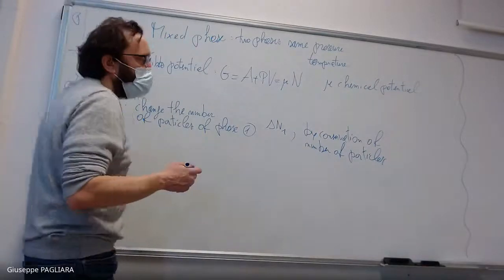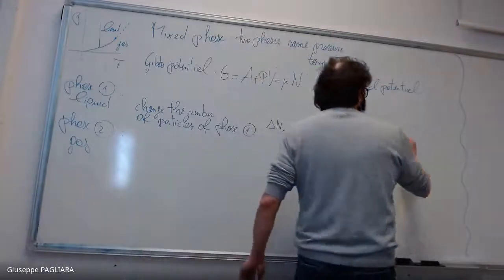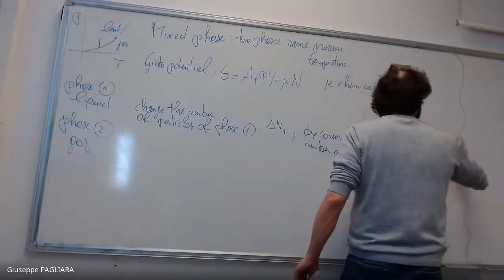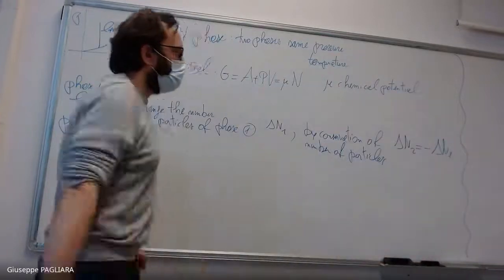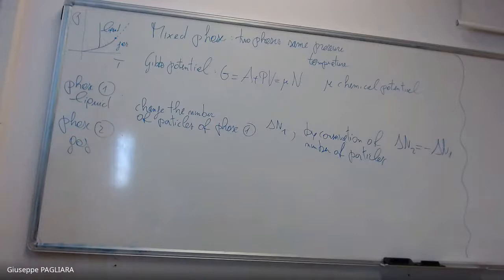I think we have done this exercise another time. So delta N2 must be equal to minus delta N1. So what we are doing here is to study the equilibrium of the mixed phase with respect to the change of the number of particles in one phase and in the other phase.